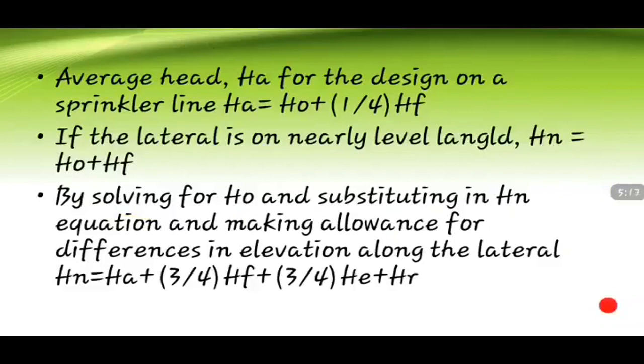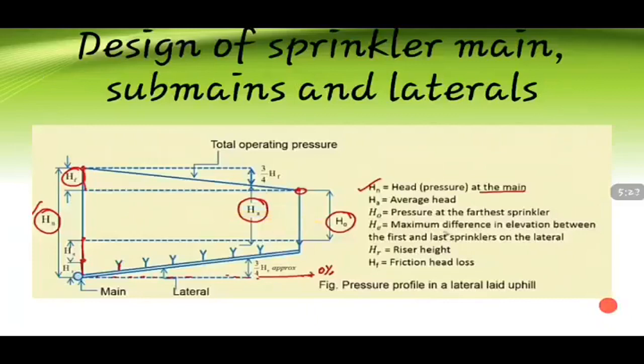If the lateral is on a nearly level line, HN is equal to HO plus HF. So if the design is on a leveled or flat surface, HN will be equal to HO plus HF, the friction head loss.